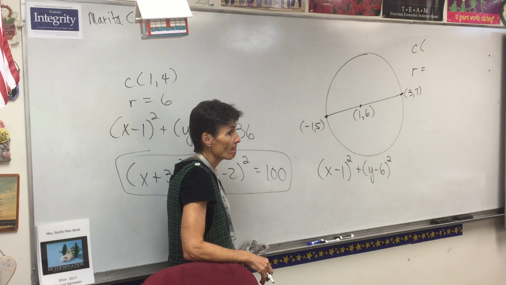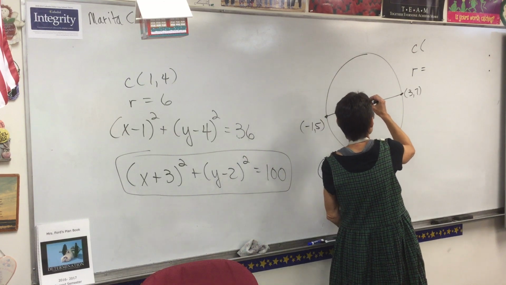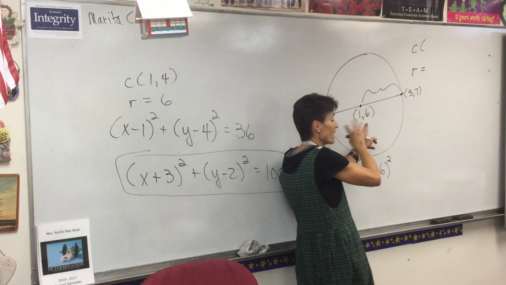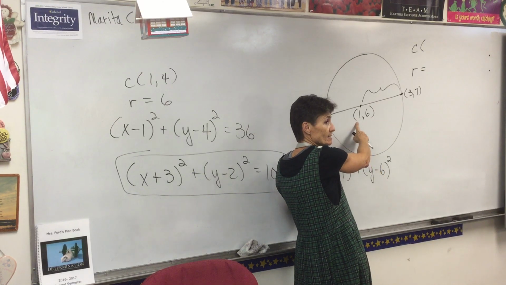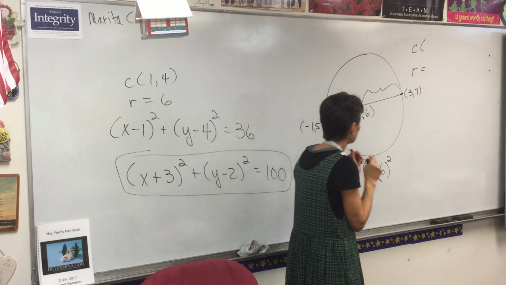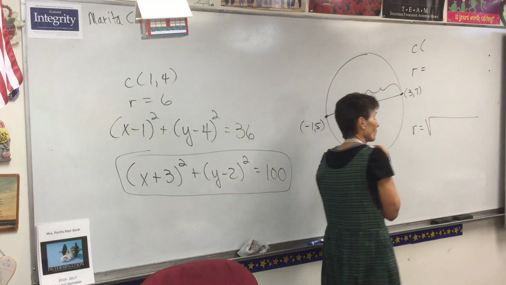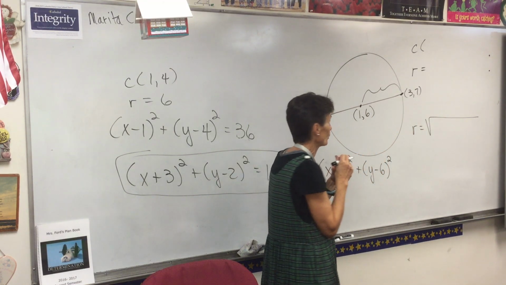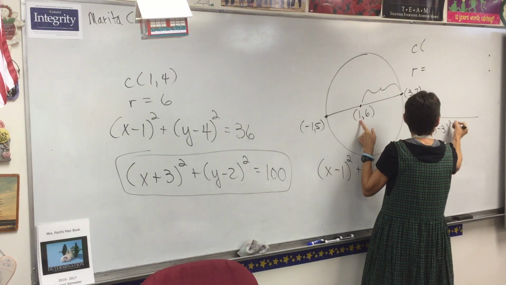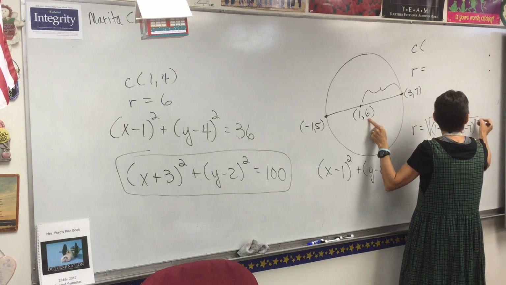Jalen, could you do the distance for me? I'm going to find the distance. Now, I'm going to find this distance, because there aren't any negative numbers. Could I also find this distance? Of course. It makes no difference, you just pick one. So the radius is going to be the square root of, remember how the distance formula works? 1 minus 3 squared plus 6 minus 7 squared.